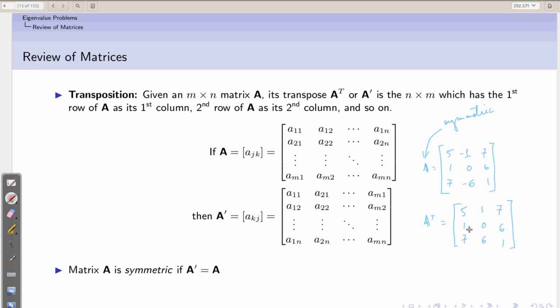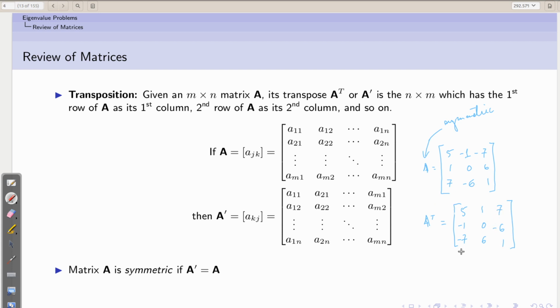Now if I take the transpose, we get 5 minus 1 minus 7, then 1 0 6, then 7 minus 6 1.